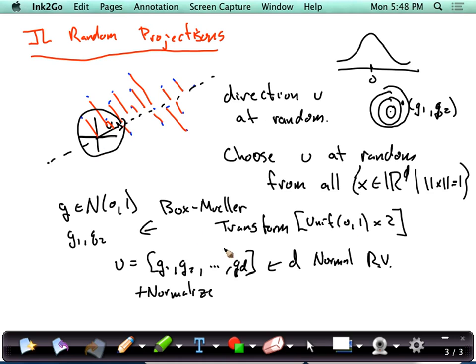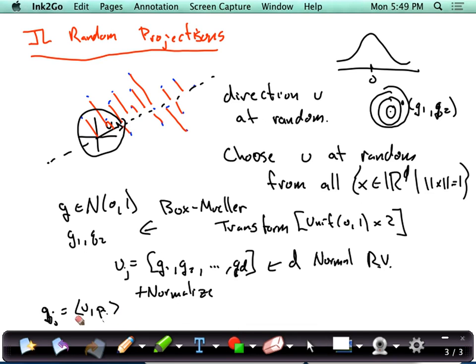Okay. So now, how do I get a coordinate of each of these points? Well, this one direction U is going to give me 1 coordinate. So I'm going to call this UJ. And I'm going to say that a data point PJ I want to map to coordinate QJ, and I do the dot product of U with PJ, the whole data point.